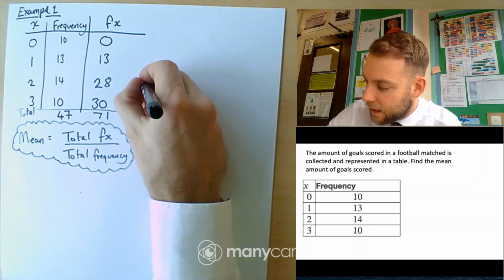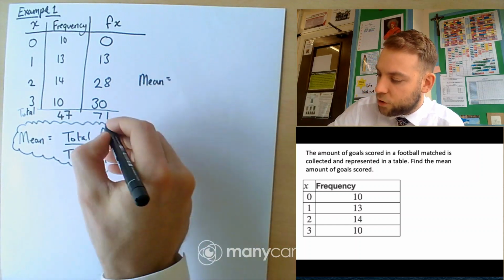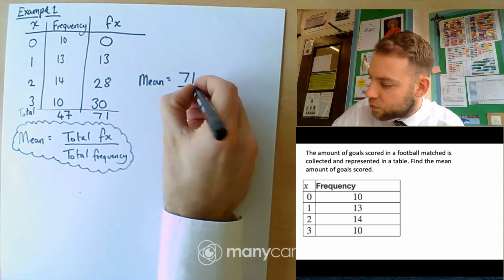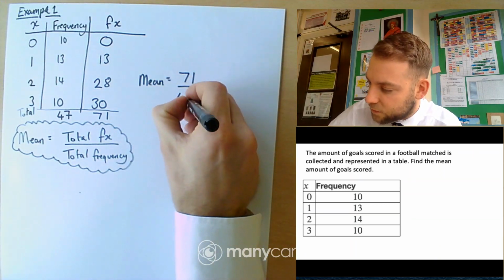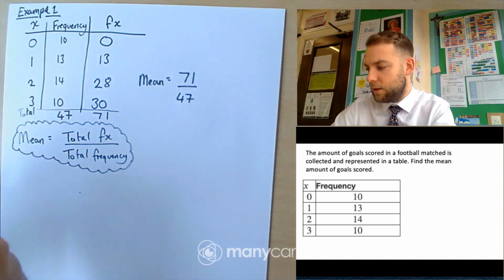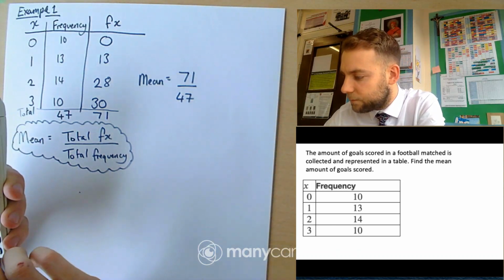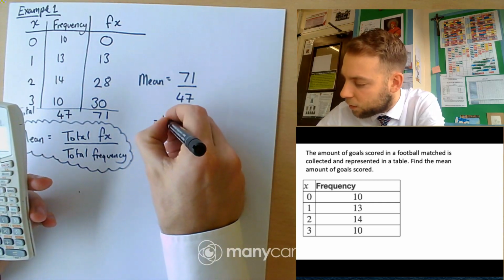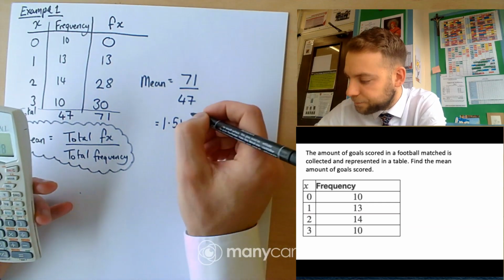So our mean is equal to your total FX, which is 71, divided by your total frequency, which in this case is 47. So 71 divided by 47, which is equal to 1.51.